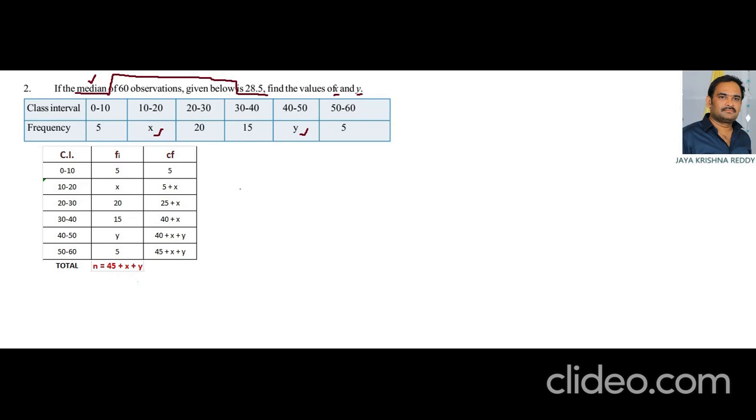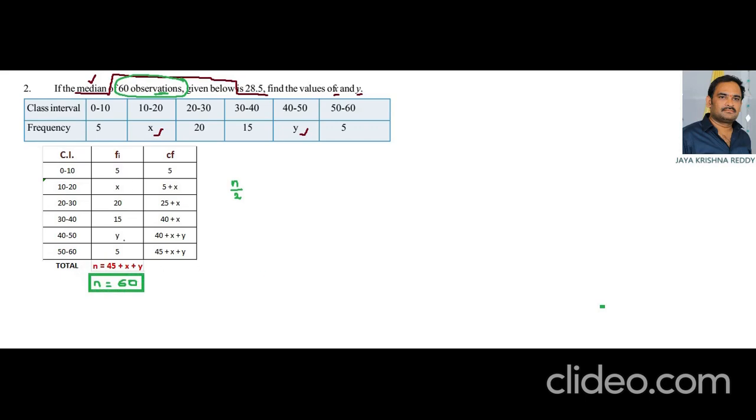Here, to substitute in the formula, we need to find the n by 2 value. So in the question, if you observe, the median of 60 observations is given. 60 observations means the sum of the frequencies is 60. That means in the question, the n value should be considered as 60. Small n should be taken as 60.